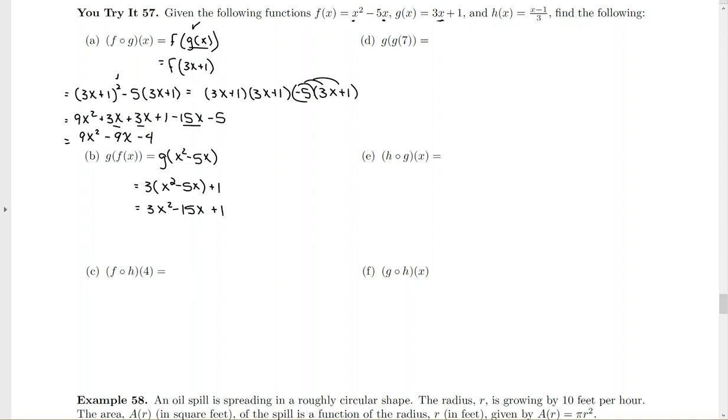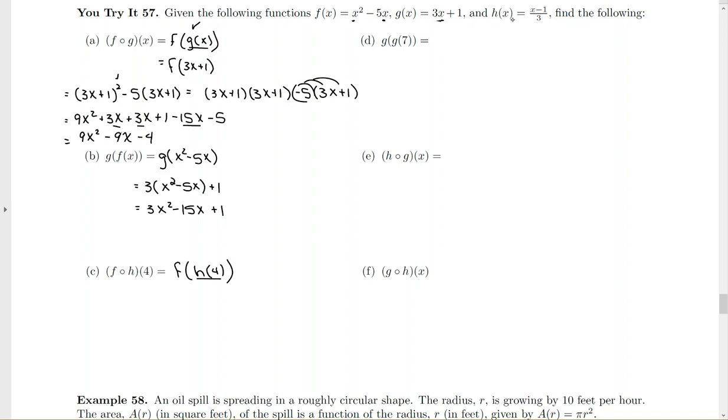Okay. For our next one, we're back to the circle there, the dot. So f of h of 4. So we start inside here, we find h of 4. Well, the problem is I have h of x, I don't have h of 4.